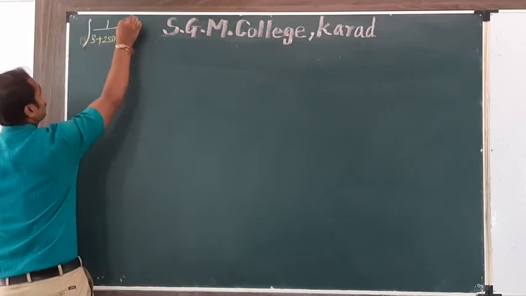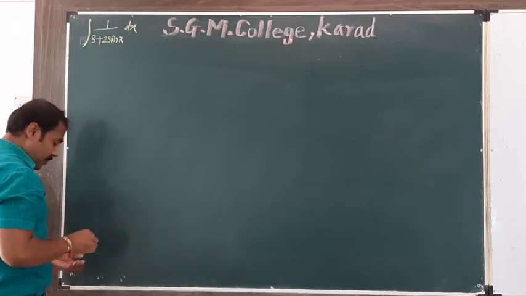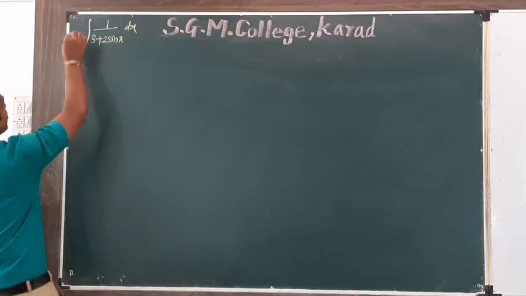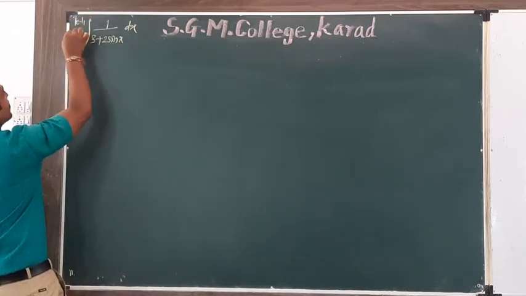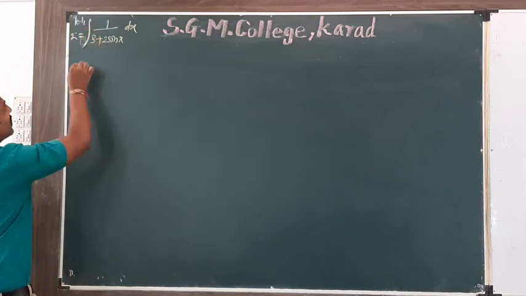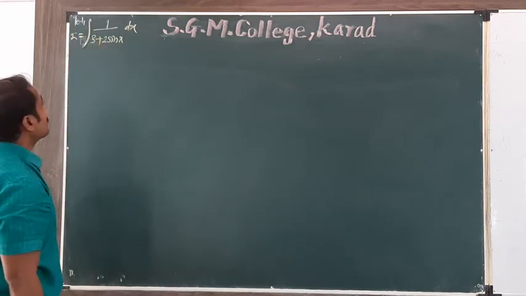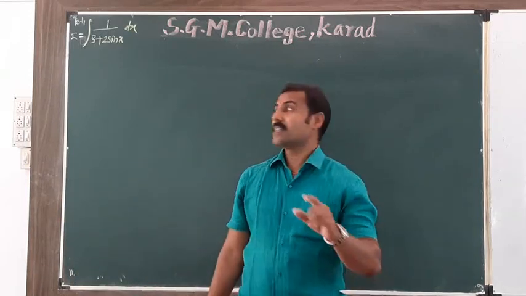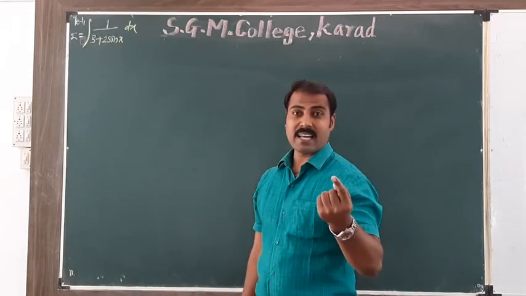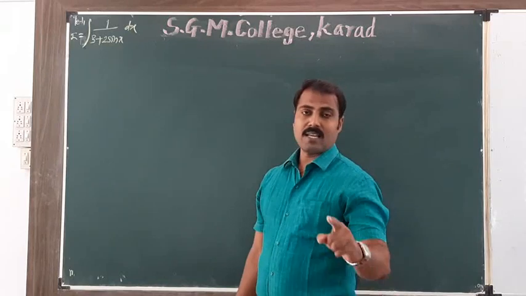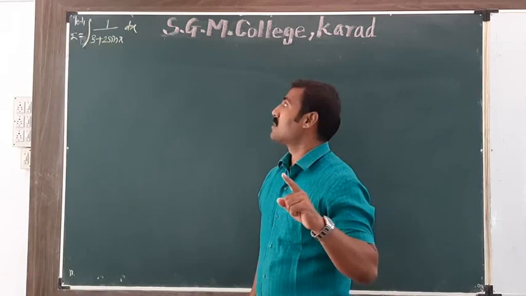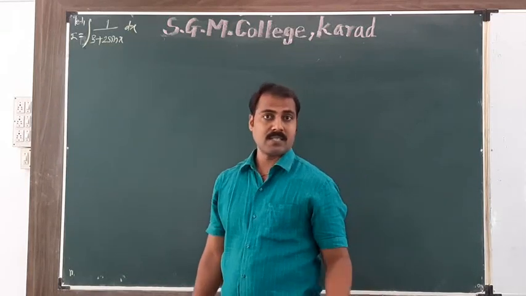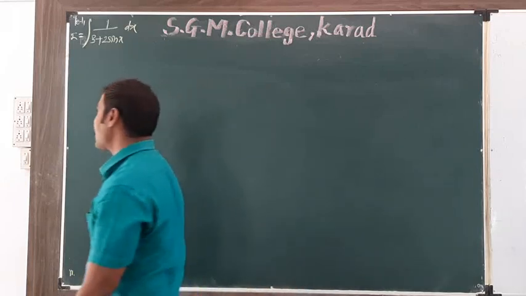First, it is an example on integration, so I can denote this integration by I. In solution, let I is equal to the integration of 1 upon 3 plus 2 sin x dx. Look at here, the numerator is 1 and the denominator contains sin x, so our type is clearly integration of 1 upon a plus b sin x dx.